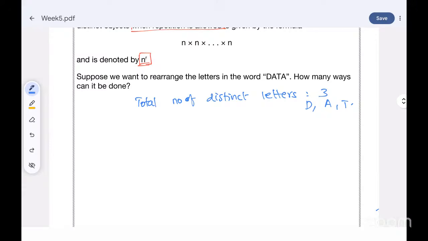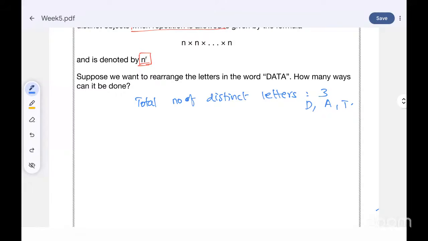We can arrange it in 4 factorial divided by 2 factorial. Why 4 factorial by 2 factorial? Because the number of letters in DATA is 4, so 4 factorial, and 2 factorial represents that the same kind of repetition is 2 times.